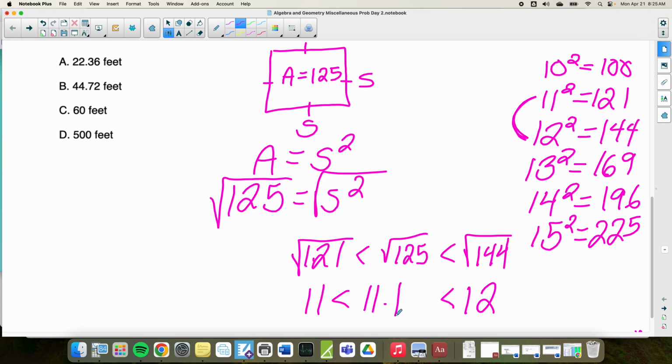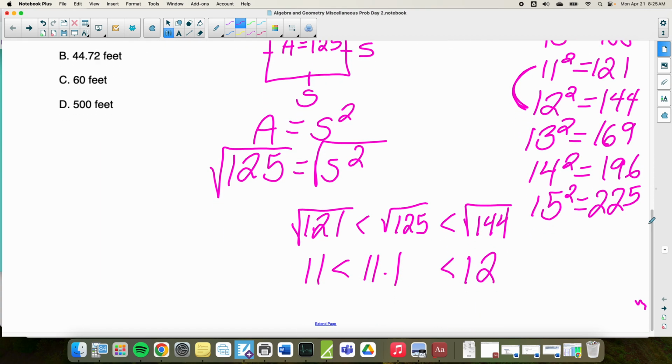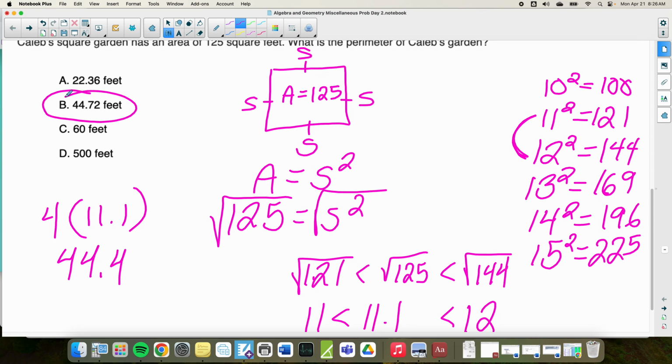If we had to do that on our own, and they asked us what is the perimeter, wouldn't you just go 4 times 11.1 because it's a square? And 4 times 11.1 would be 44.4. So I'm off a little bit, so they might have used their calculator.